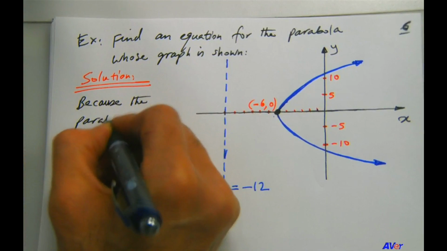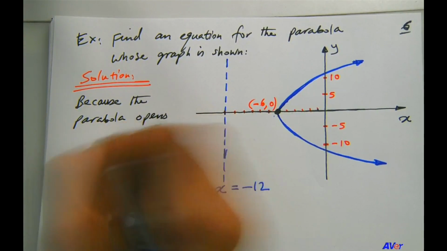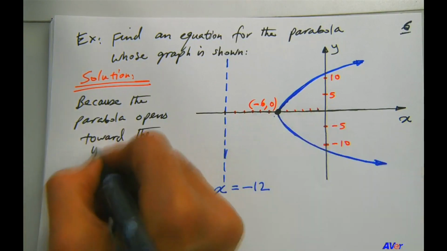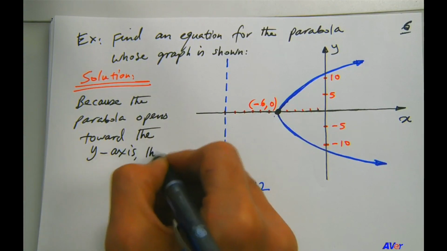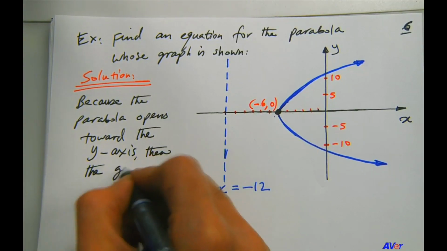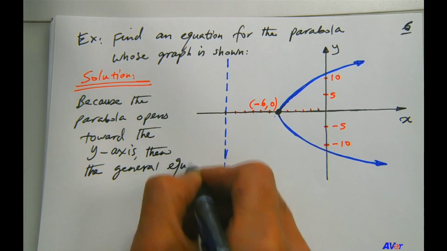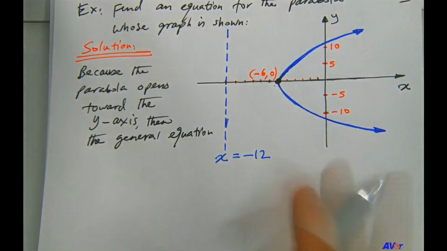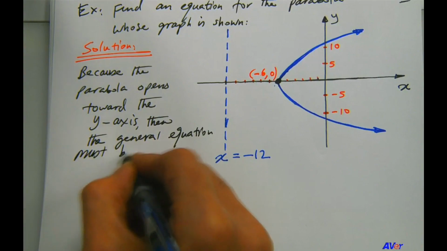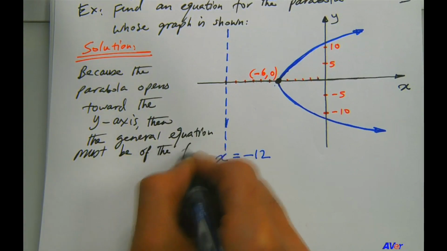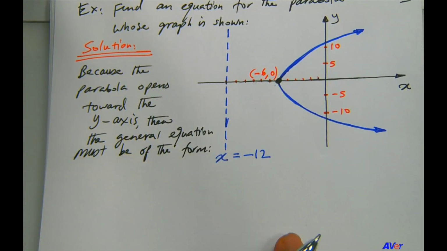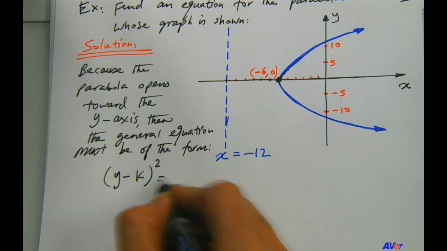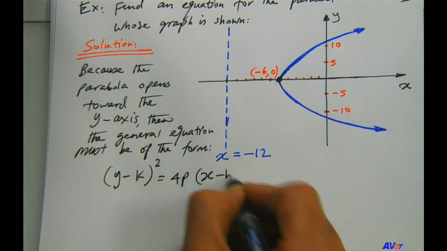Because the parabola opens towards the y-axis, then the general equation must have this form: y minus k squared equals 4p times x minus h.